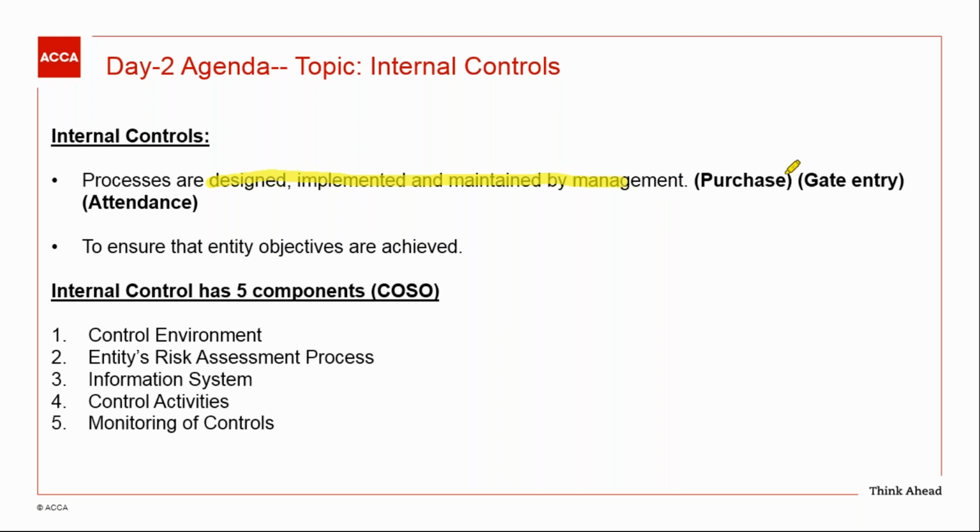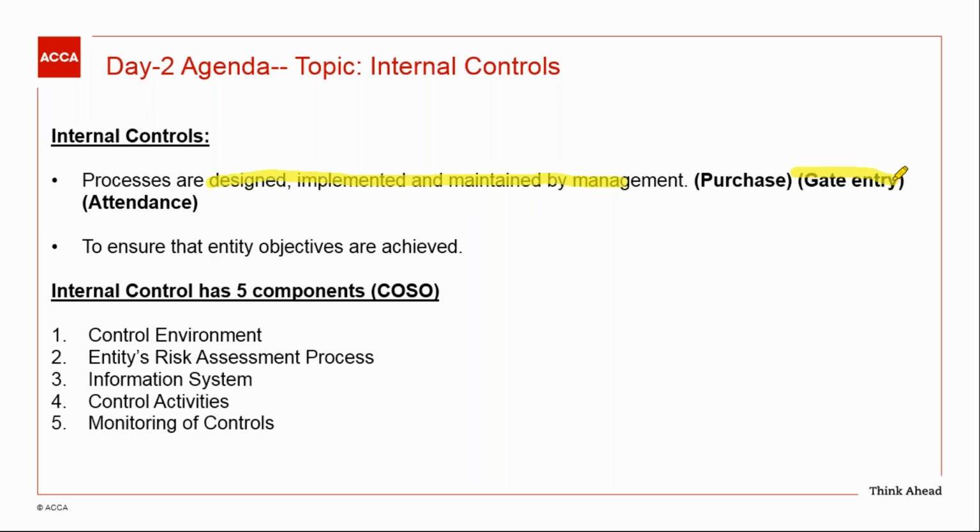One example is gate entry. First example: if you have experienced, whenever you go into an organization, the security guard sitting at the door stops you and asks you to show your identity. So what do you think the objective of the security guard stopping you is?